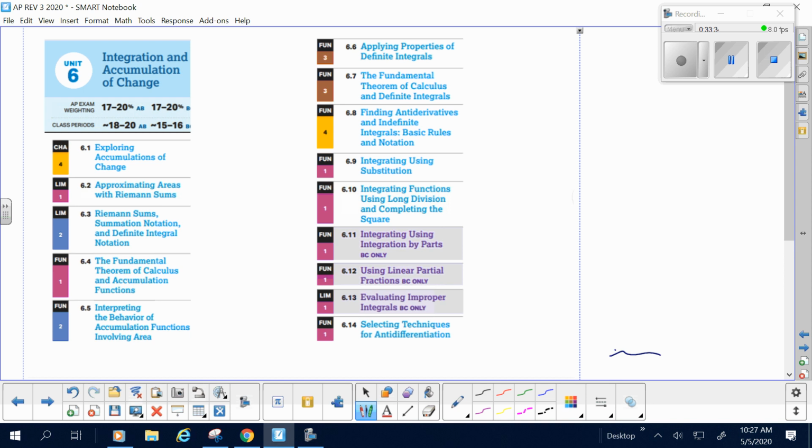Exploring accumulations of change. Wow, that's so big.